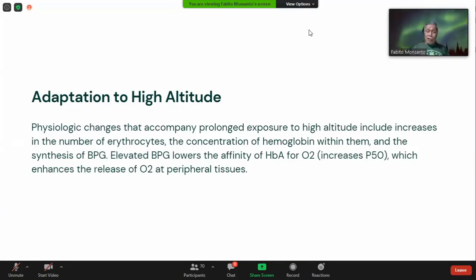So if it is less concentration, there is less oxygen that goes into the lungs, no? So the deoxyhemoglobin will have a hard time getting oxygen because the concentration there is low. You need to have a high concentration in the lungs.